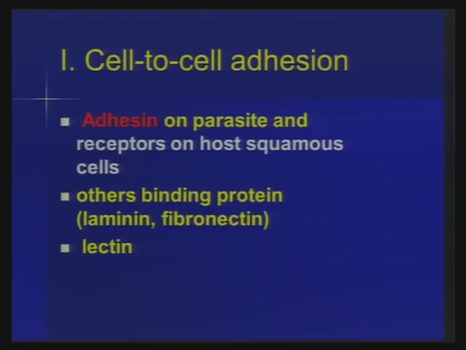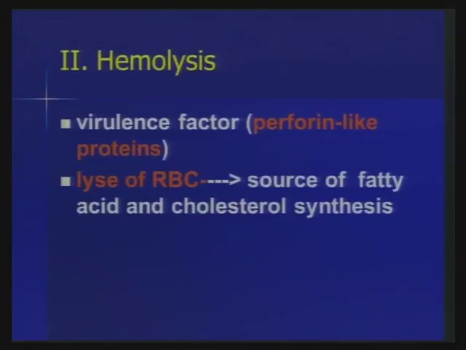The host receptor is on the squamous cells. They use this to cause cell-to-cell attachment between the parasite and the host cell. There are other binding proteins produced by the parasite, but the most important is the adhesin that causes the cell-to-cell adhesion.